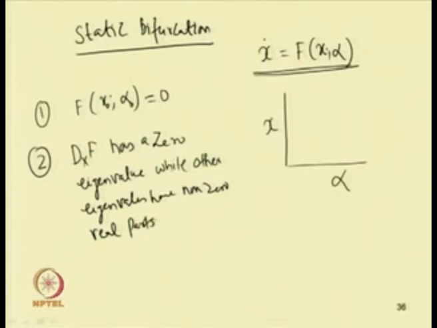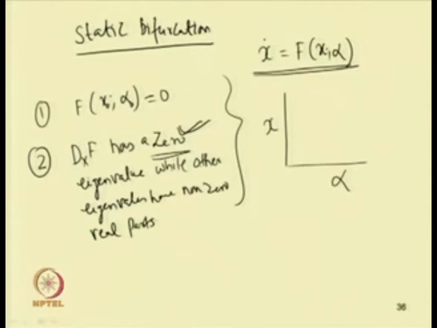So, at least one of the eigenvalues should be 0, that is, d_x f has a 0 eigenvalue corresponding to alpha equal to alpha0. So, these are the necessary conditions for the system to have a static bifurcation point. These are the necessary conditions, but they may not be sufficient.